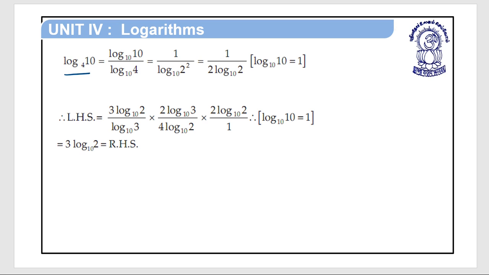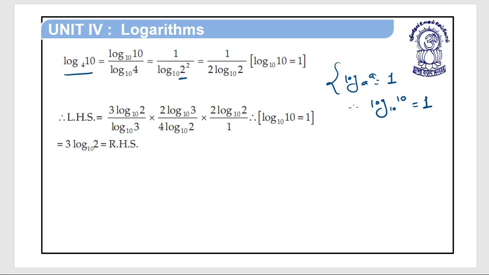Log 10 to the base 4 is equal to log 10 base 10 by log 4. Log 10 base 10 is equal to 1. So 1 upon log 4, and instead of 4 we can write 2 square, so 2 log 2.